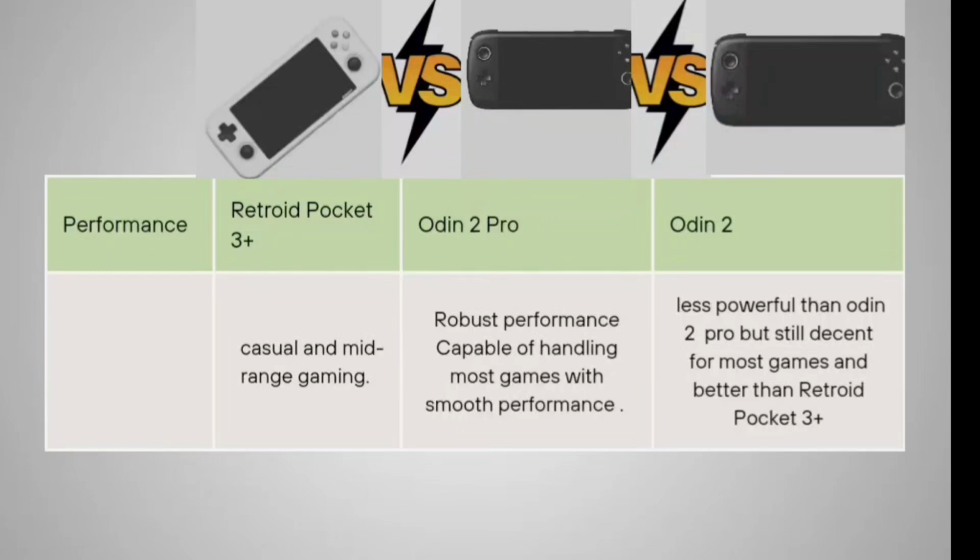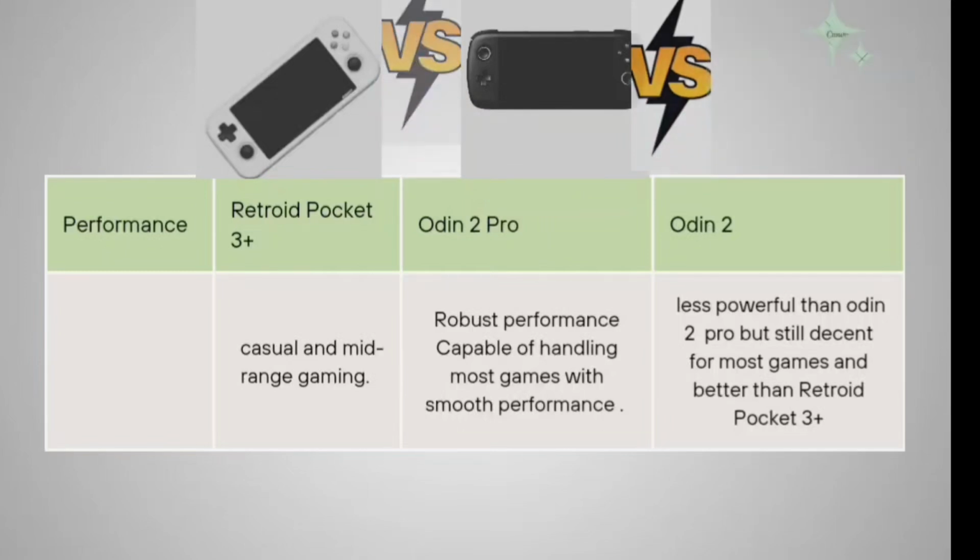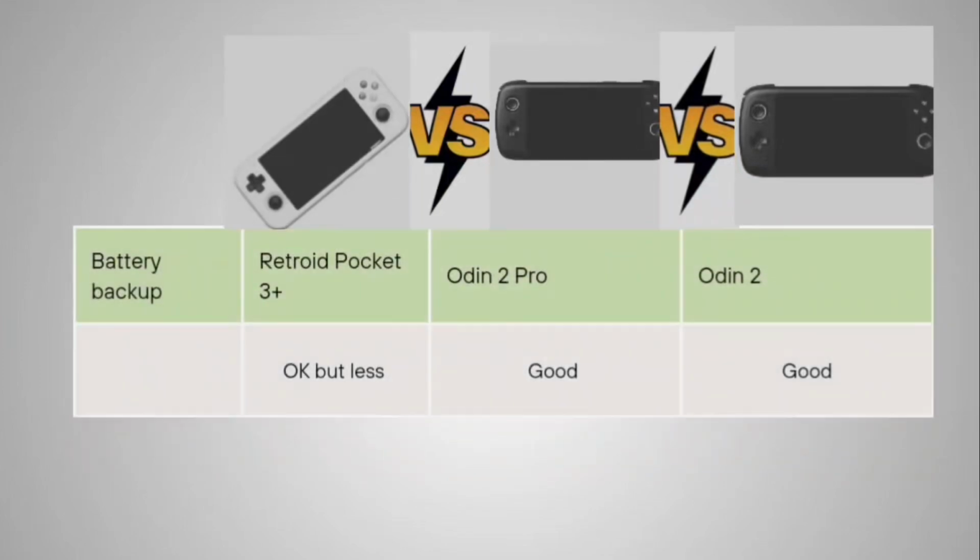The Odin 2 is less powerful than the Odin 2 Pro but will give you a decent environment for playing games, and is better than the Retroid Pocket 3 in many ways. Overall, the Odin 2 Pro is the best, then the Odin 2, and after that the Retroid Pocket.